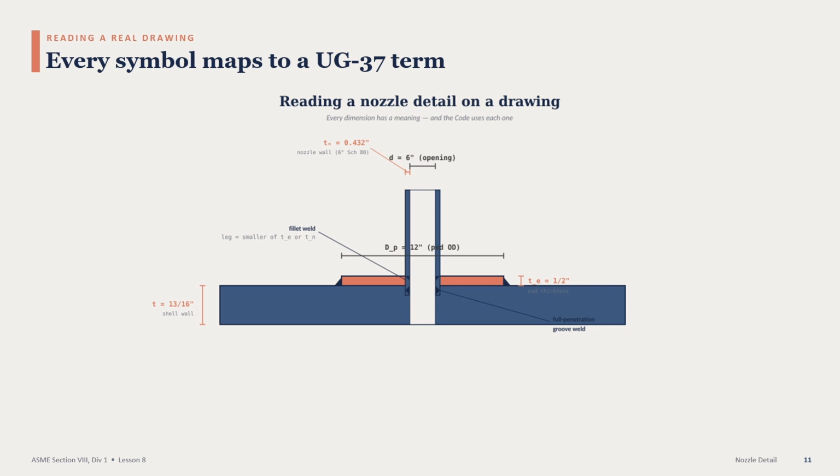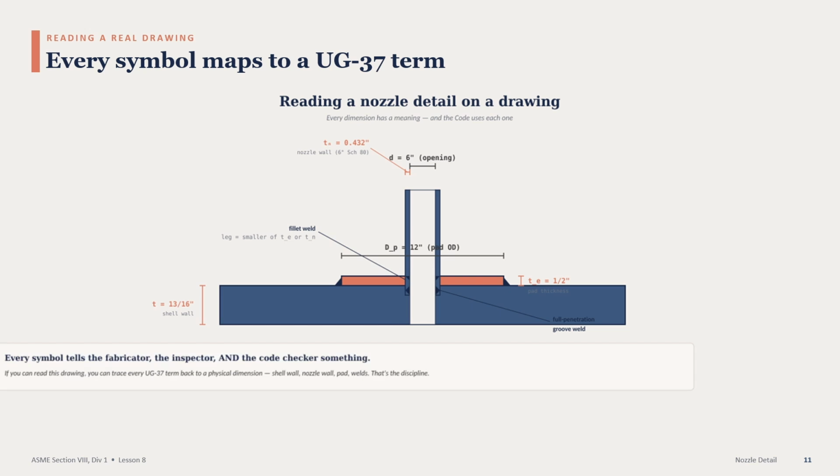Above the shell, a reinforcement pad, that separate plate, thickness T sub E. The nozzle neck rising vertically. Its wall thickness is T sub N. The finished opening diameter is D, and the pad outside diameter is D sub P.